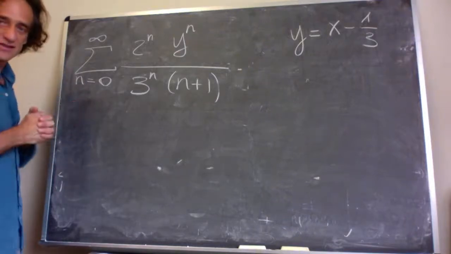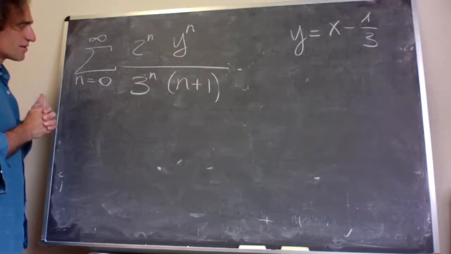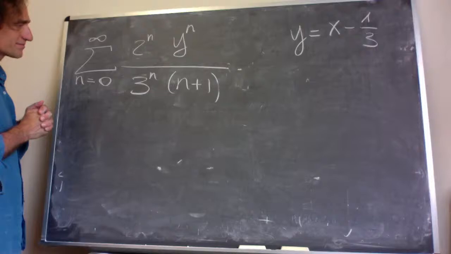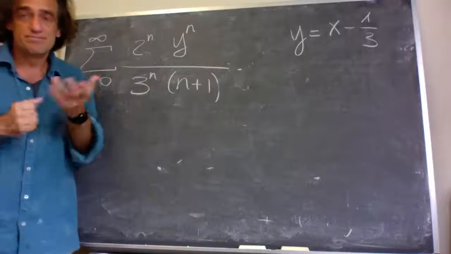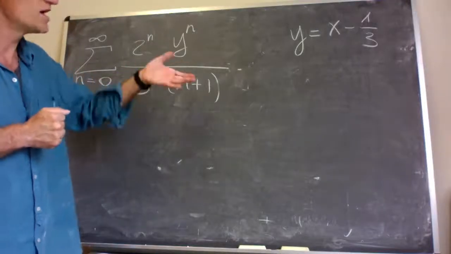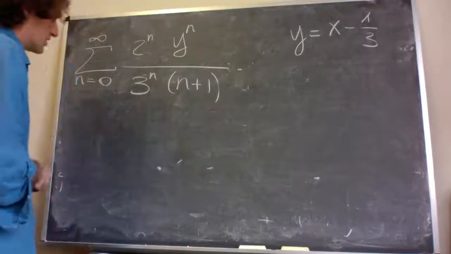And now you can go to study, as usual, the radius of convergence. When you have powers, perhaps a good way is to use the root criterion. Why not?